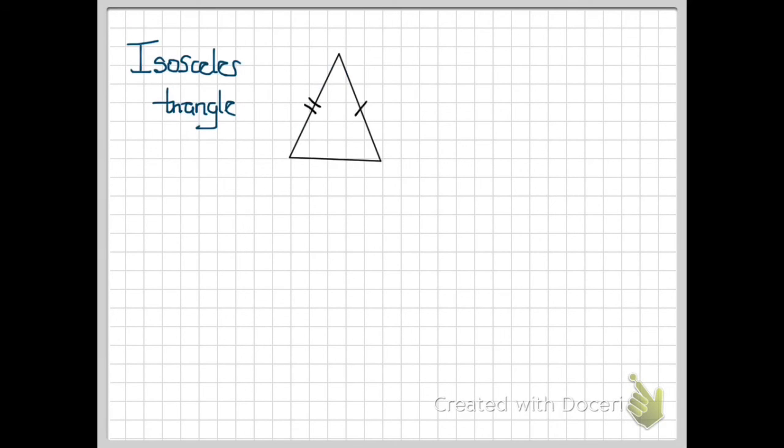For an isosceles triangle, there will be 2 angles equal. And the 2 lines I put on each side just indicate that the lines as well are equal. So that indicates that B and C would be equal as well.